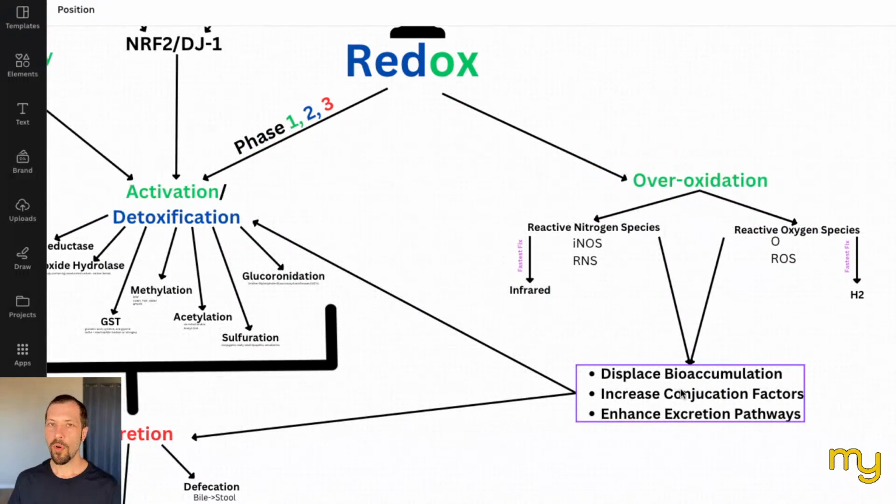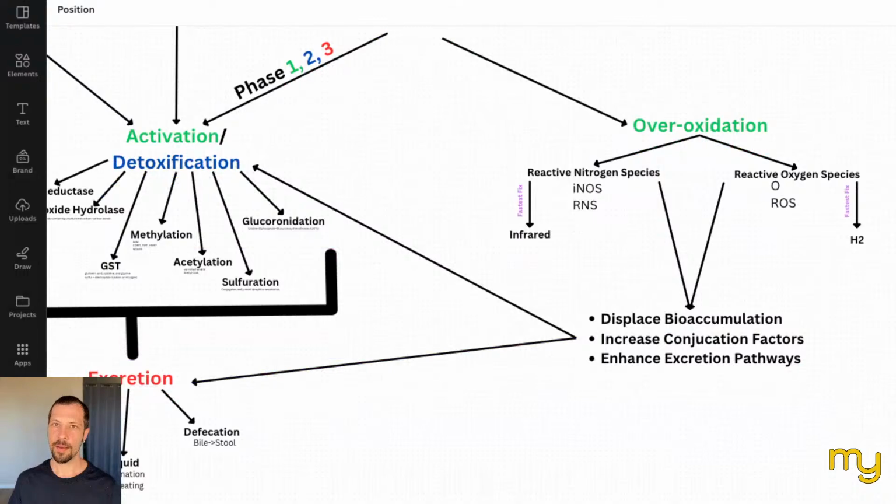Now we've got more of these long-term fixes that I want to talk about. By long-term fixes, I mean ways that once you've jump-started your redox status back to being more neutral, you'll have the ability to bring yourself into a more robust way to handle redox challenges in the future. So to go through these, we're going to talk about displacement of toxins.